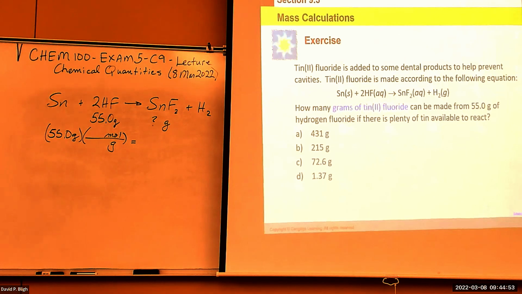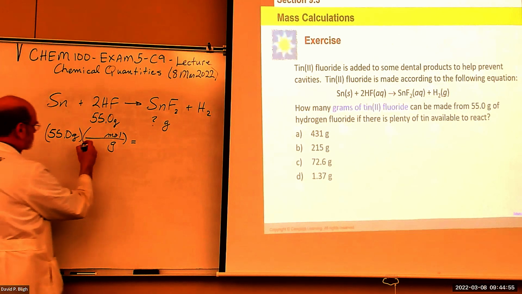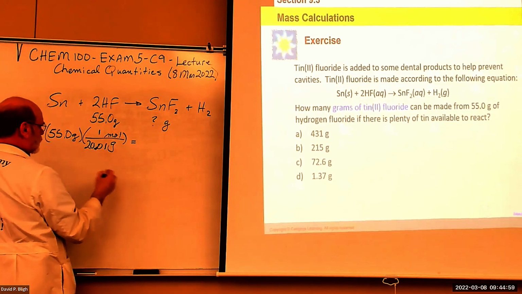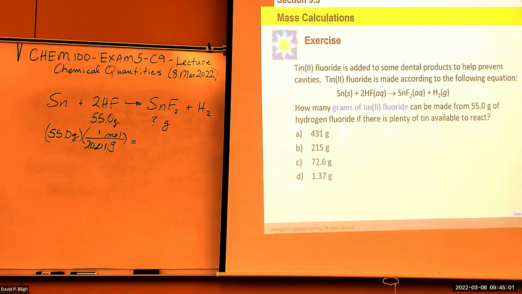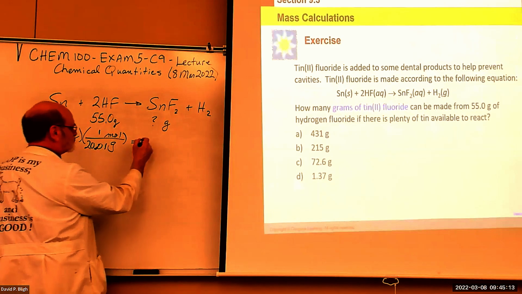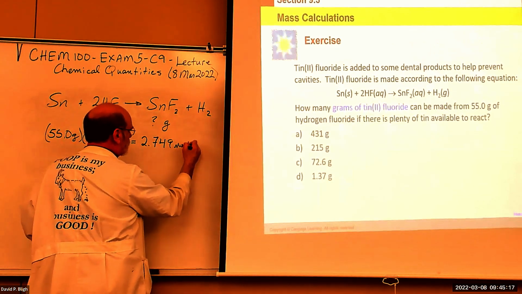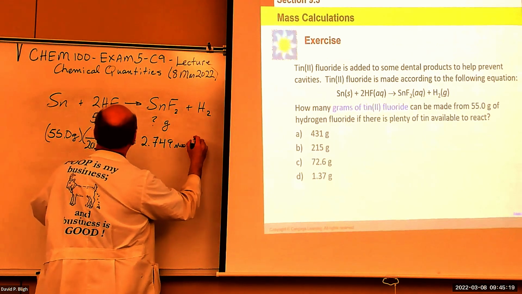So it'd be 20.01. There we go. Divide 20.01 into 55. And I get 2.749 moles of HF.